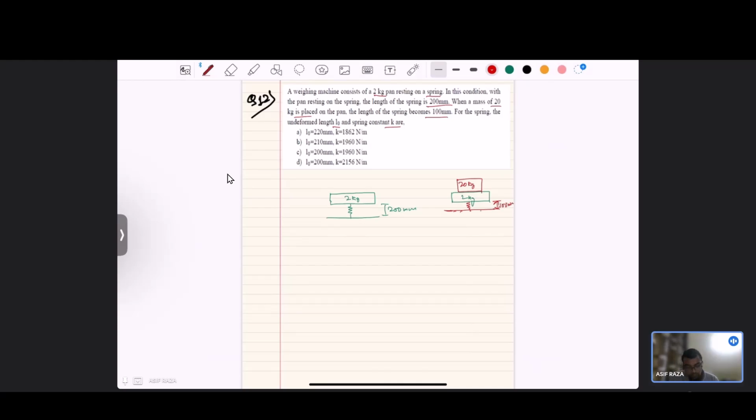Okay, so we need to find what will be my undeformed length L0 and spring constant K.